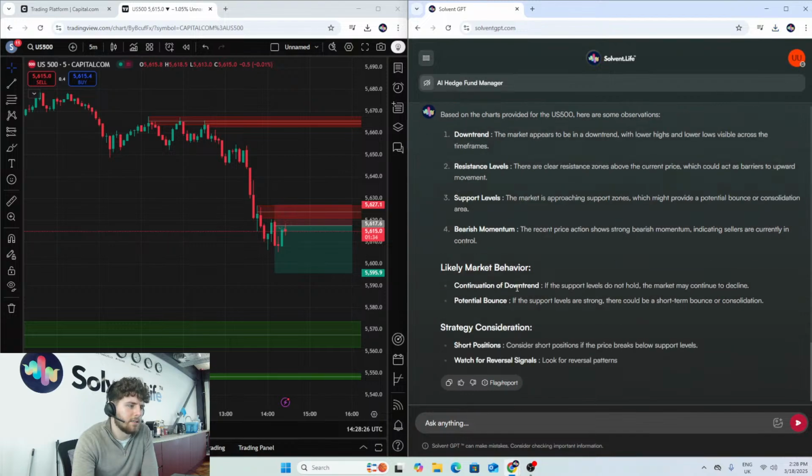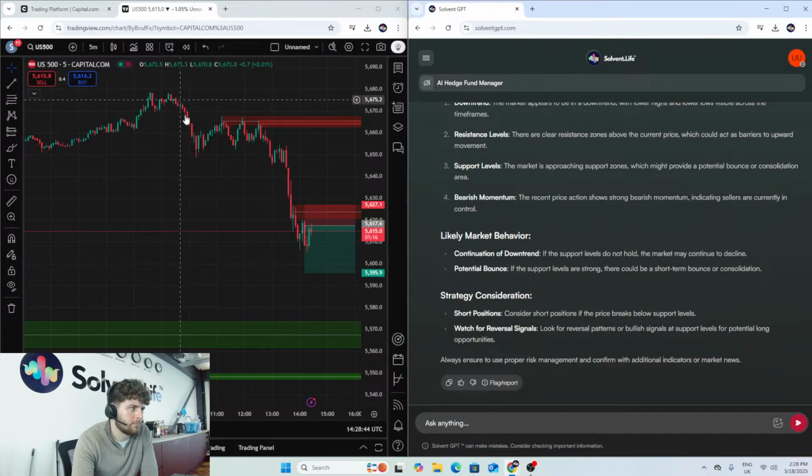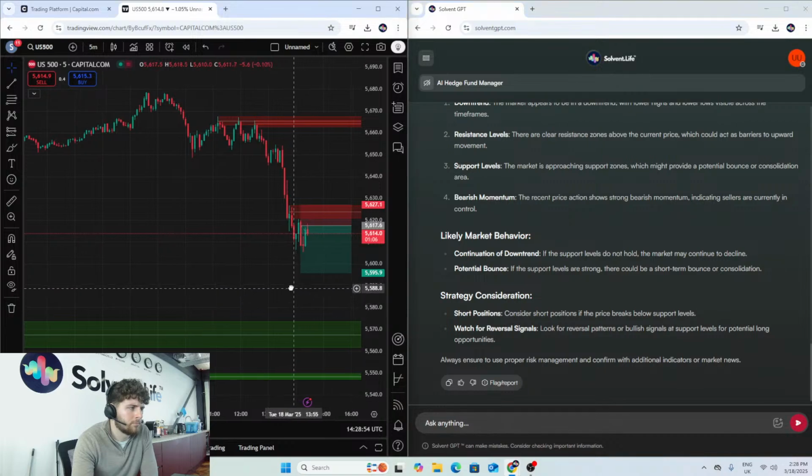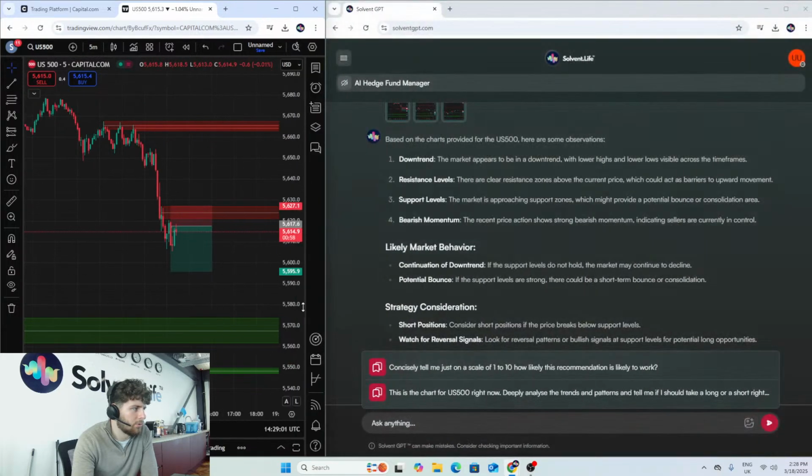So it does say that it's very likely that the continuation of the downtrend will continue. I think we will continue to analyze, we'll continue to do some research while this trade plays out.